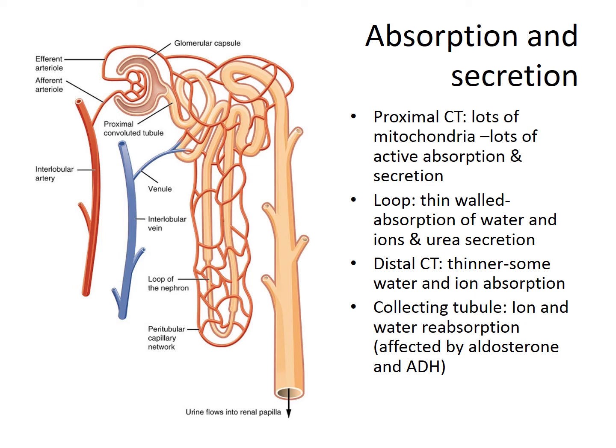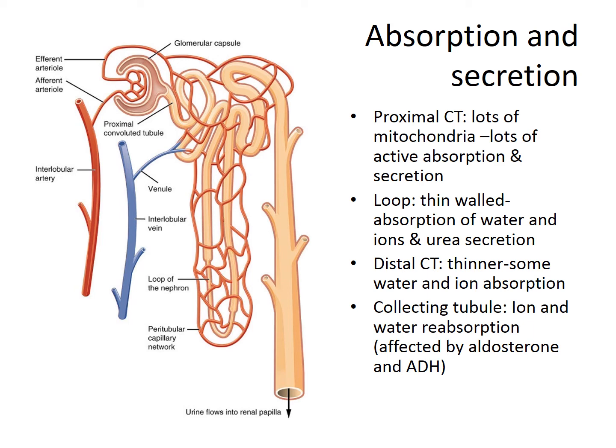And the arrangement of the loop as well is quite handy, in that the one part of the loop can actually assist the function of the other part. But we won't go into details of that. But the loop of Henle, absorption of water, and also secretion from the blood into the tubule of urea. So we're getting urea added to the filtrate. So we haven't got urine yet. We're modifying the contents of the tube, but it isn't quite urine yet.